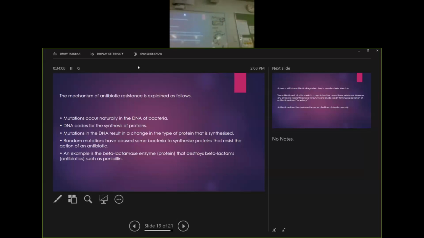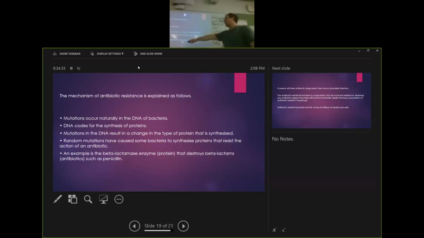And eventually, if you get enough bacteria mutating, producing random proteins, eventually one of those will be able to resist the action of the antibiotic, and it's pure chance. It's just a total chance thing. Eventually there'll be one bacteria that has some natural resistance to the antibiotic.